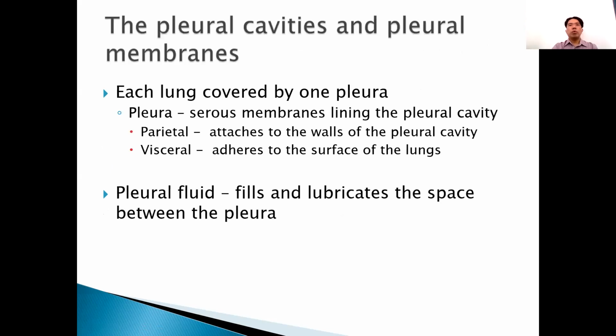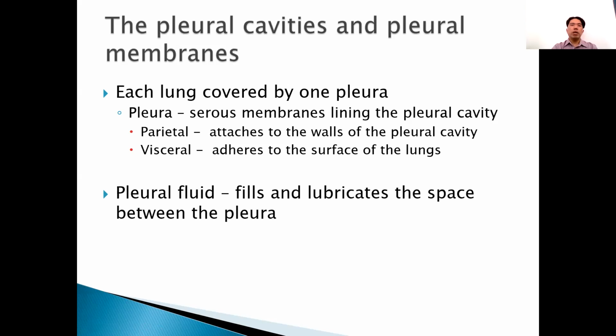Pleural cavities and its pleural membranes are coverings, which is divided into both parietal and visceral, as also discussed in our abdomen. Visceral would mean adheres to the organ itself. You have visceral peritoneum. So here you have visceral pleura, pleura that adheres to the surface of the lungs, the organ itself.